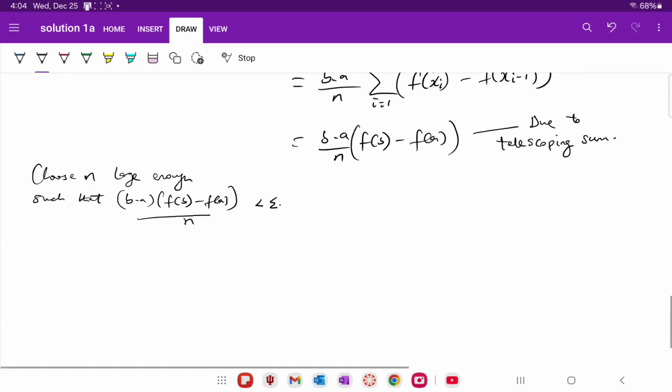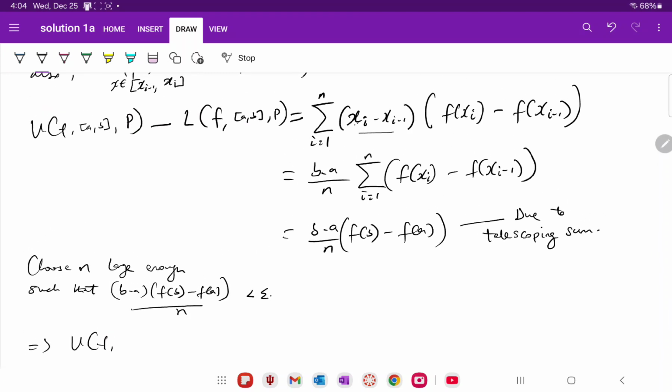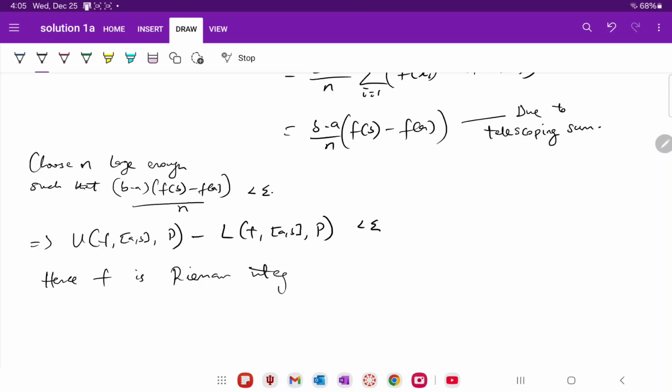Okay, with that we can conclude that U(f, [a,b]) minus L(f, [a,b]) is less than epsilon, and hence f is Riemann integrable.